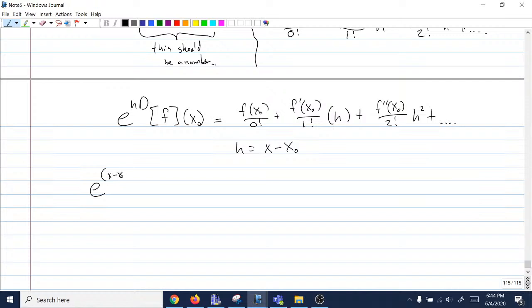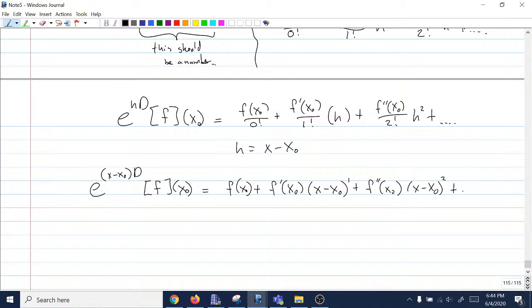E to the x minus x naught d f of x naught is going to be f of x naught plus f prime of x naught, x minus x naught to the 1, plus f double prime of x naught, x minus x naught squared, dot dot dot. This one's got the 2 on it. This is exactly the Maclaurin series, the Taylor series, for f at x naught.